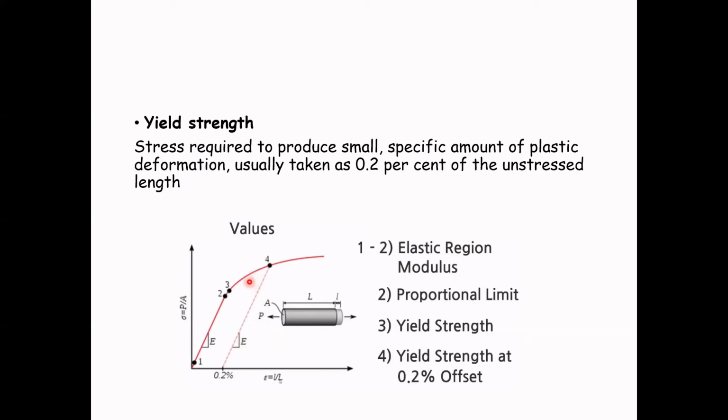So what they do is they take a point at 0.2% strain. And why do they choose 0.2%? Because lots of samples have values and data at 0.2%, and instead of going up vertically at 90 degrees, they follow a parallel line that follows the same slope as our Young's modulus here. So that is how we determine the yield strength of a material, taken at 0.2% of the unstressed length.